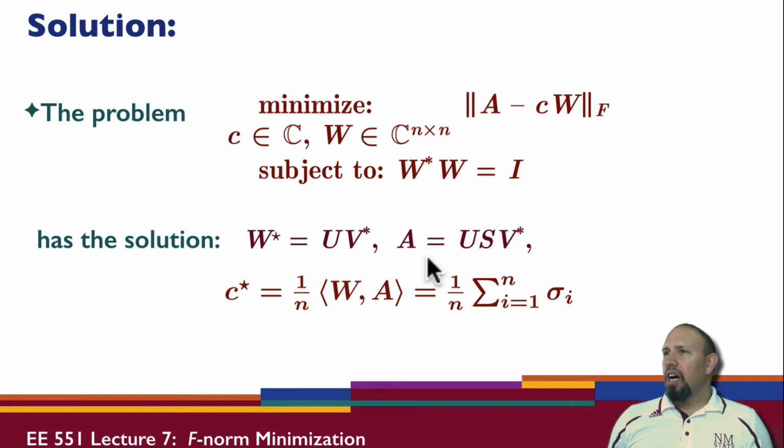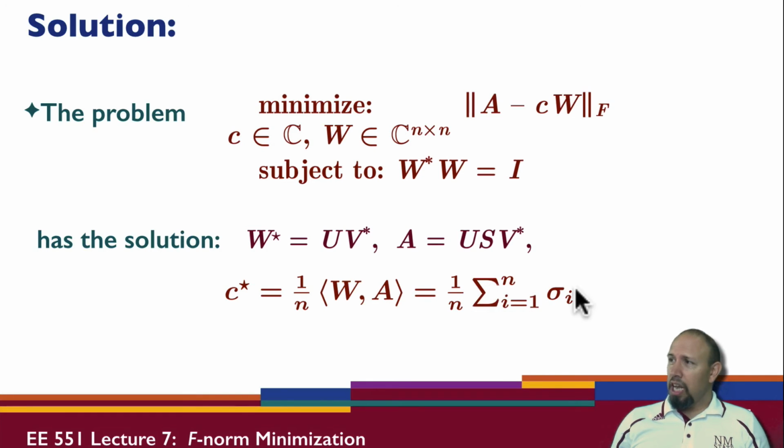And C, the constant, is 1 over n times the inner product that we just defined of W and A, which we can go through and show is 1 over n times the sum of the singular values. Okay, so this then is the solution to that Frobenius norm minimization problem.